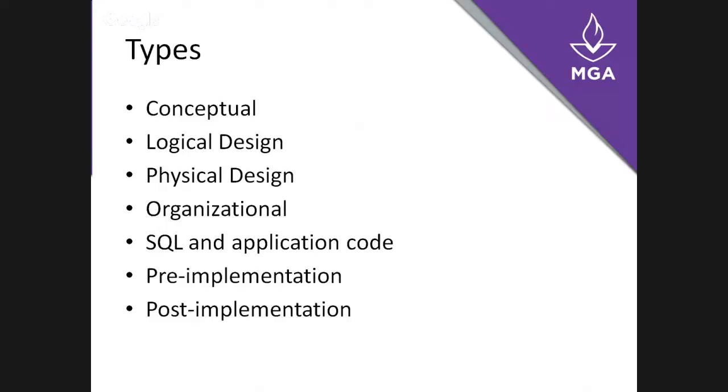Types of design reviews include conceptual, logical, physical, organizational, SQL and application code, pre-implementation, and post-implementation. Yes, I just read down a list, but to go over what each of these are: conceptual is basically when you don't really have anything yet, but you may perceive a need for a change in your company.